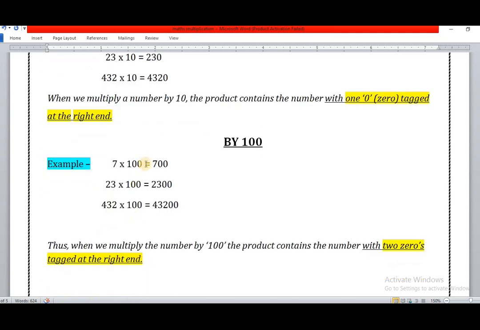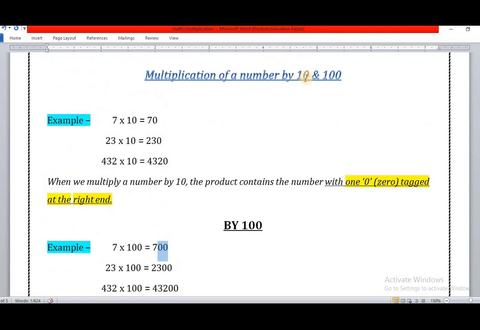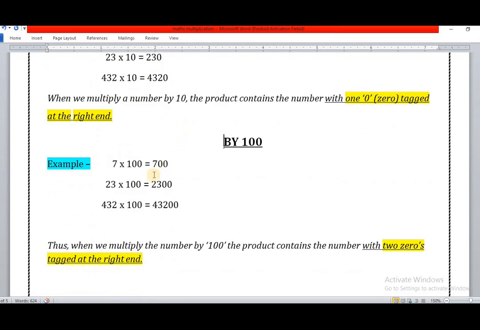See, I have put 2 zeros. Why? Because I have multiplied the number with 100. If you are multiplying the number by 10, it will be 1 zero tagged at the right end. And if I am multiplying the number with 100, it will be 2 zeros tagged at the right end. Clear?